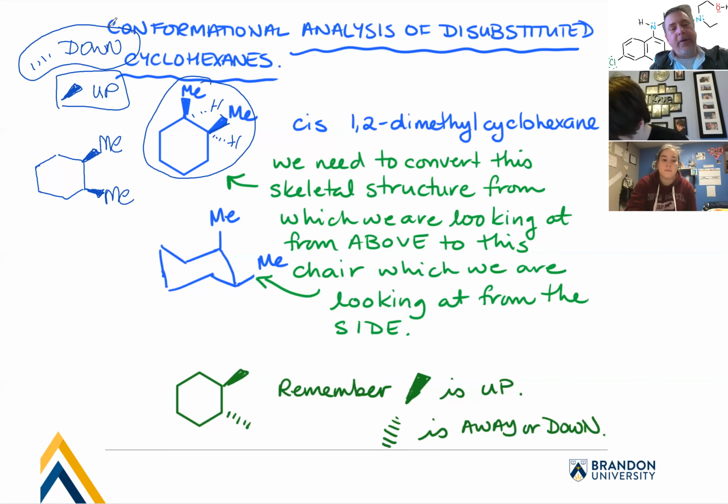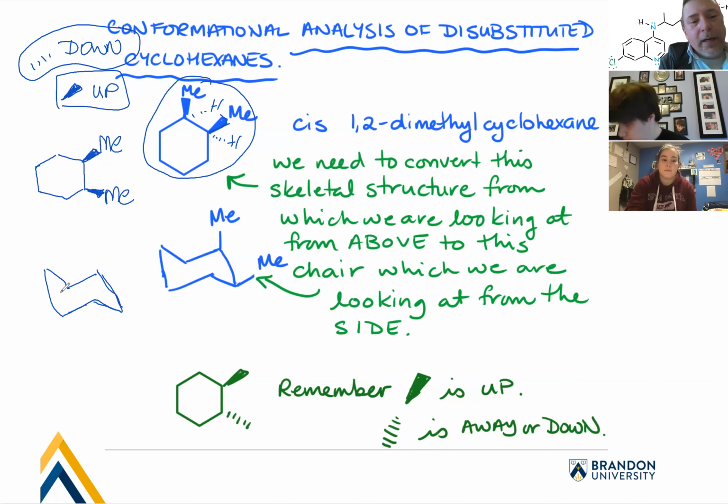So if we want to convert something where we're looking from above down on a molecule to something where it's a sideways perspective like this, what we need to be able to do is figure out which group is pointing up on any given carbon and which group is pointing down. And what we're going to see is that axial doesn't necessarily mean up, and it doesn't necessarily mean down, and neither does equatorial, because sometimes an equatorial group will be pointing up, sometimes an axial group will be pointing up.